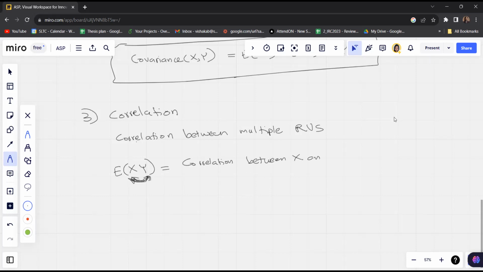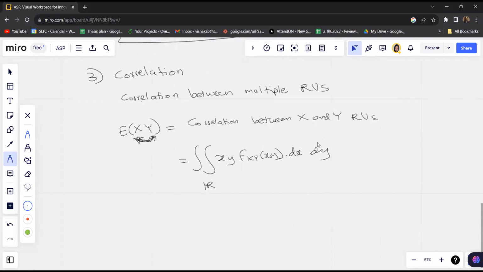The correlation between these random variables we can find using this integration: xy times f_XY(x,y) dx dy. It's going to be a double integration because we have two random variables X and Y. We are going to take the integration over the entire real number range.